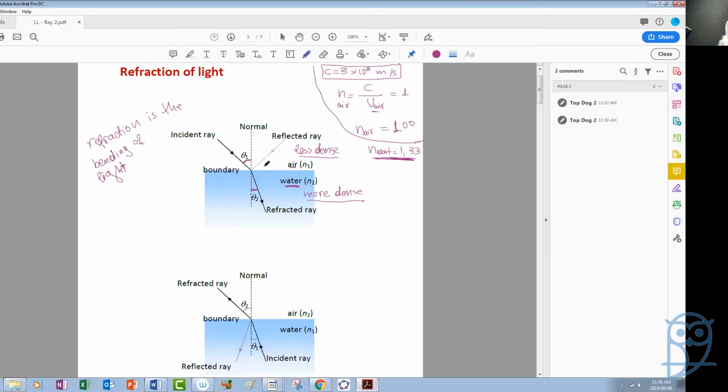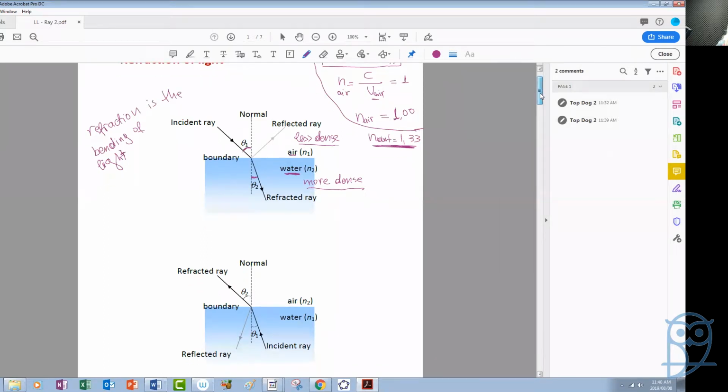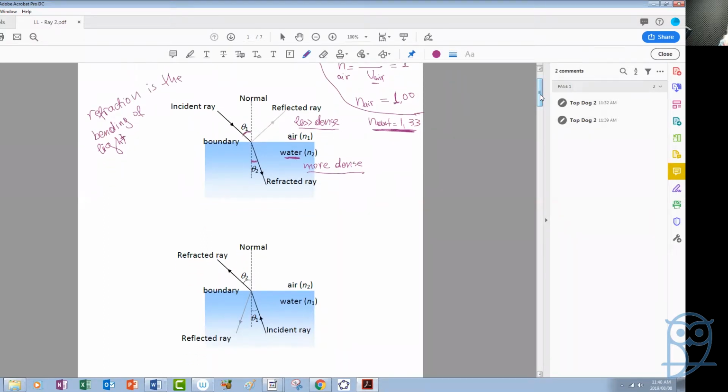Of course, the opposite happens if light moves from a more dense medium to a less dense medium, which could be the opposite of the top diagram. For example, we can have light moving from water. This is the water again, and this is the air.